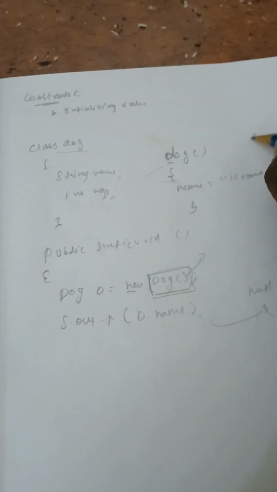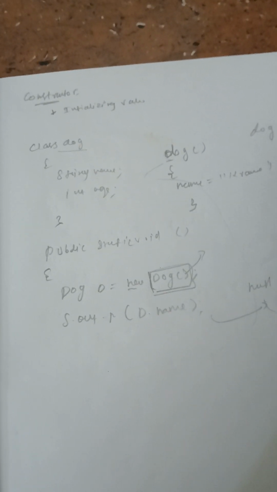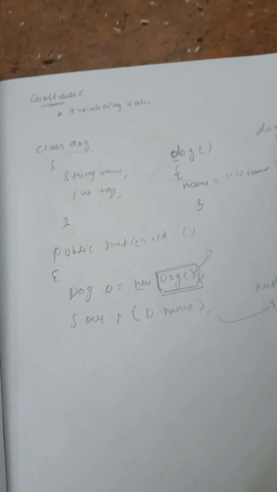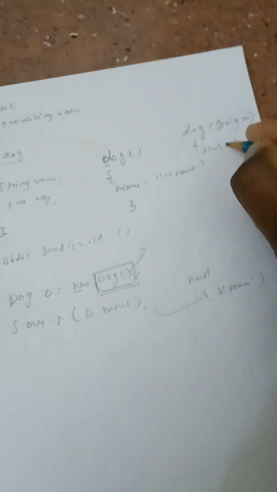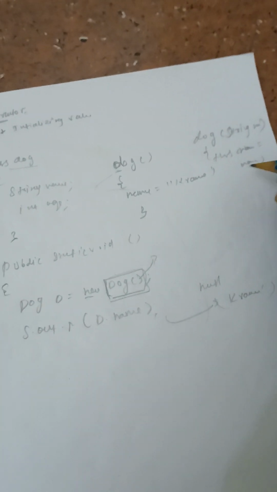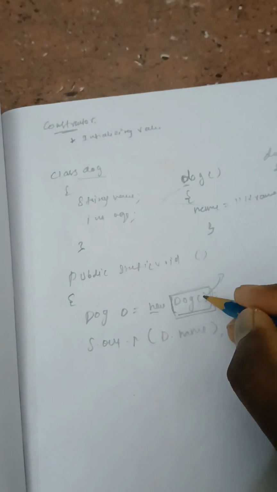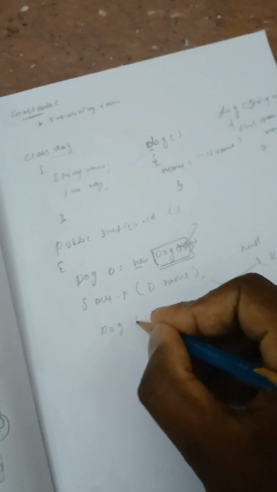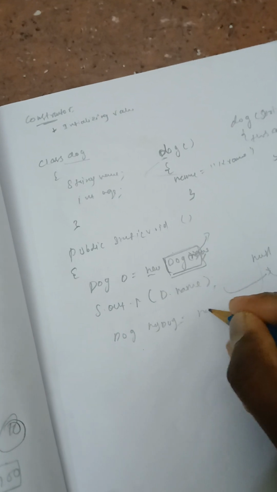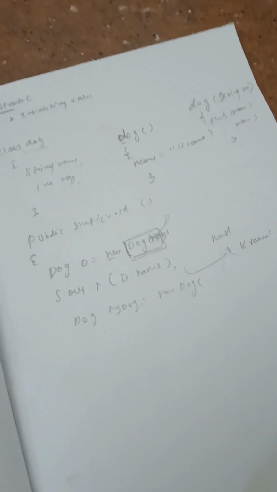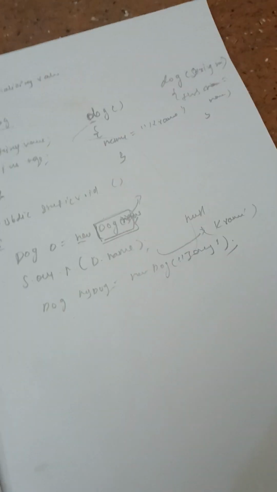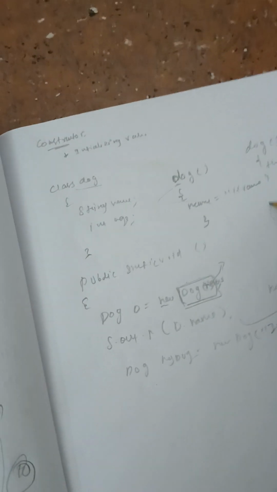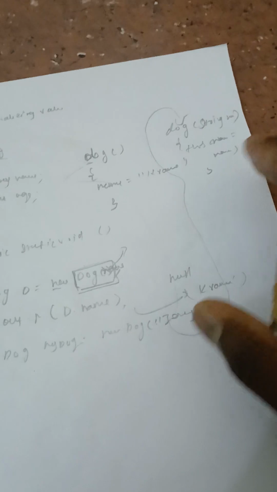So create another constructor, Dog(String name), with this.name = name. Now create an object, myDog = new Dog("Jerry"). What will the output be? It calls this parameterized constructor, a single parameterized constructor.